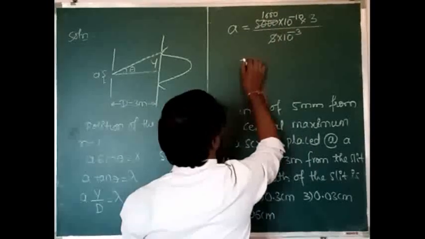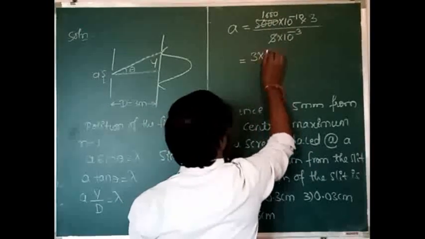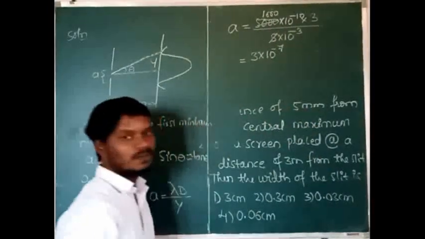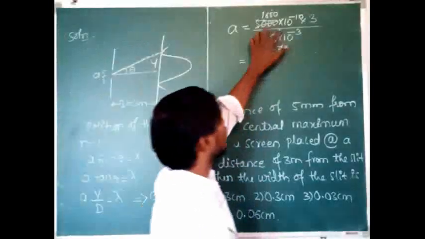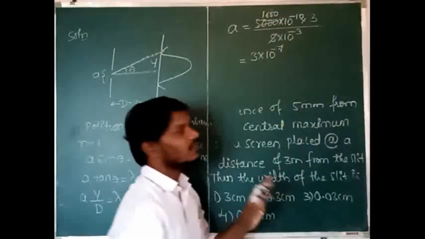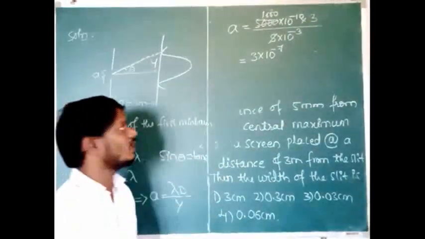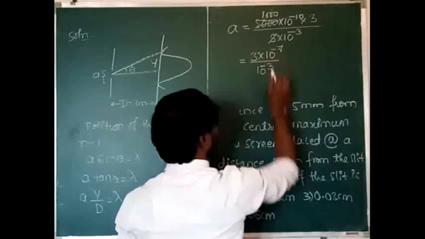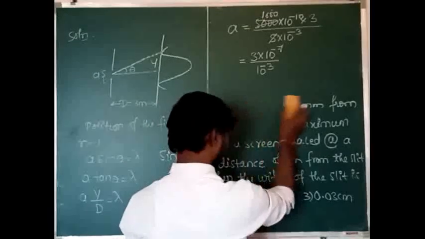Then we can write it as 3 into 10 to the power of minus 7, because 1000 means 10 to the power of plus 3. 10 to the power of plus 3 into 10 to the power of minus 10, that is 10 to the power of minus 7, divided by 10 to the power of minus 3.